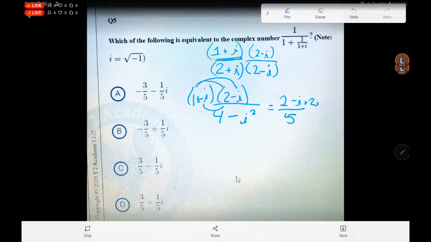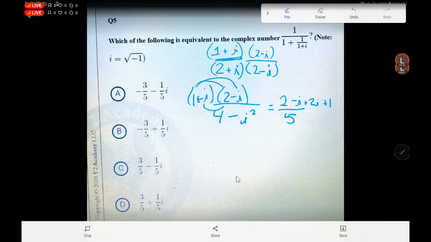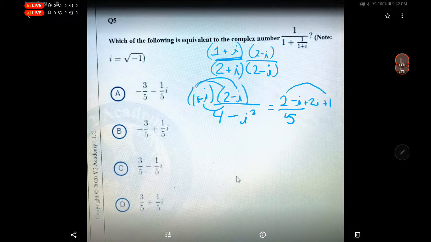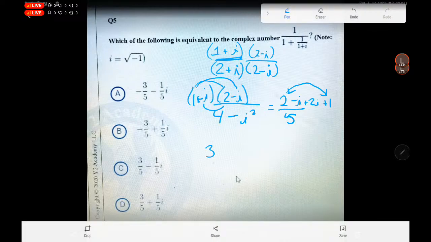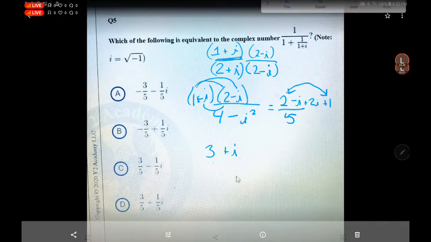Last, i times negative i, which is negative i squared. i squared is negative 1, so it's negative negative 1, that's plus 1. When you FOIL out a complex number, you can always combine the first term and the last term. They're both real: 2 plus 1 is 3. And then negative i plus 2i is plus i. That's over 5.